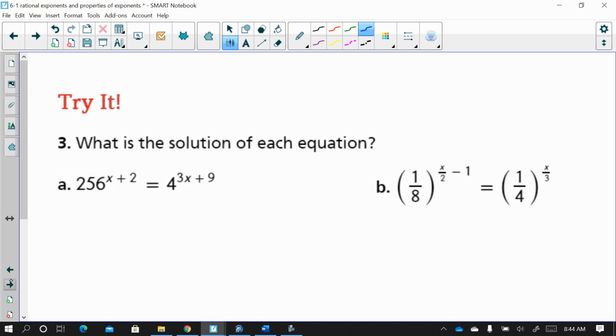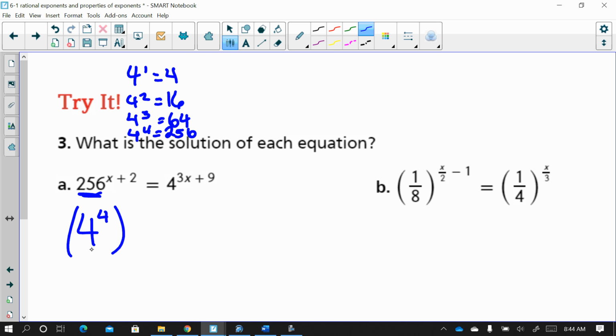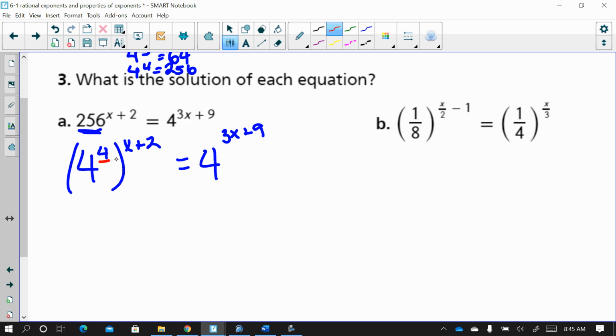Okay, so I see 256, I see 4, so let's look at 4 to the power. 4 to the first is 4, 4 squared is 16, 4 cubed is 64, 4 to the fourth is equal to 256. Oh, so I can take this and replace it as 4 to the fourth. Okay, oh, power to power. I'm going to multiply.